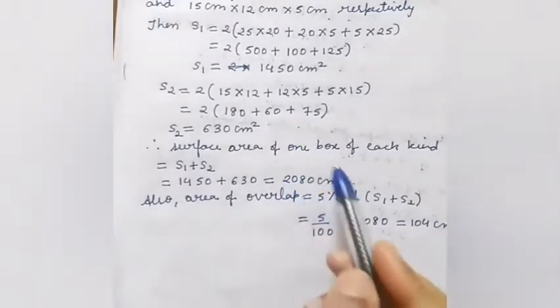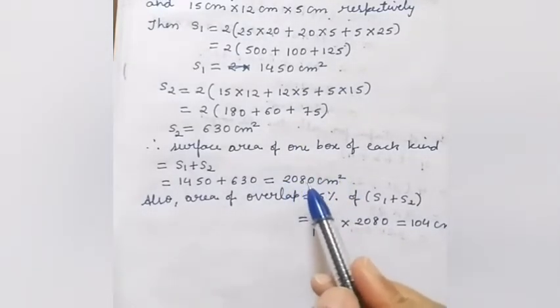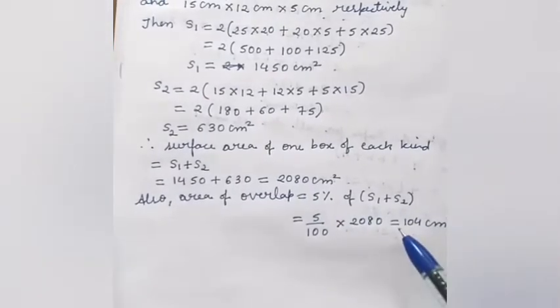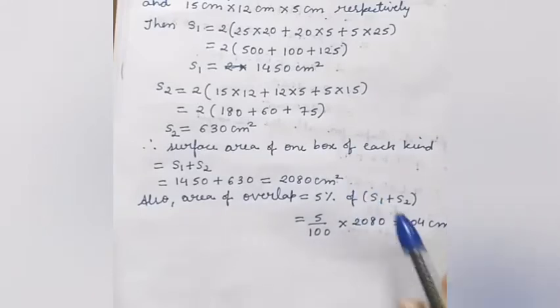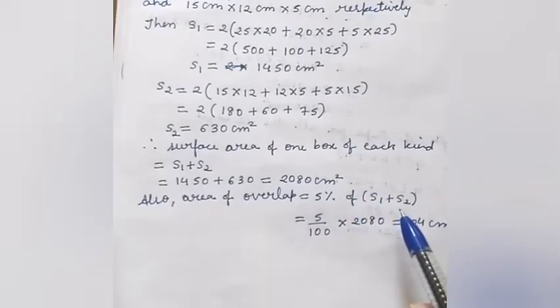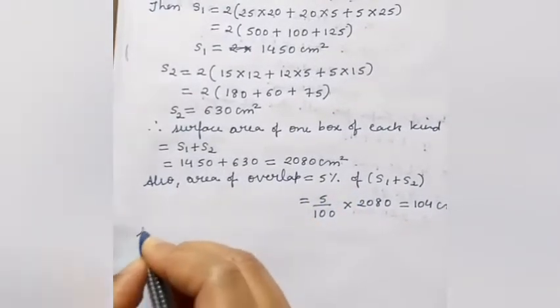So total surface area of each boxes of two dimensions is 2080 and the extra 5% for both the boxes is 104. So adding these two, we will get the total surface area of the boxes of each kind along with the 5% of overlap.